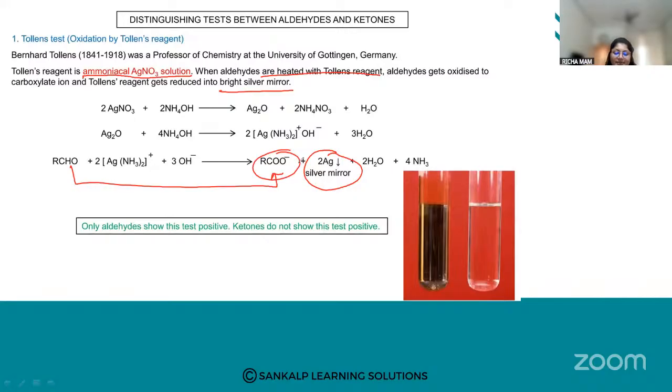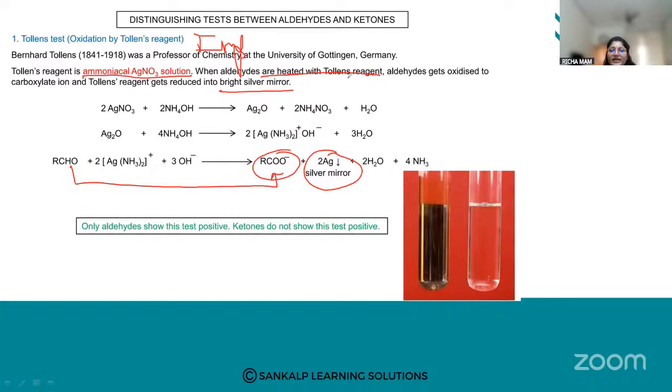Is it clear? Okay. So Tollens reagent is very, very important, as I have said. It is also called the silver mirror test. What is the solution? It is an ammoniacal silver nitrate solution.